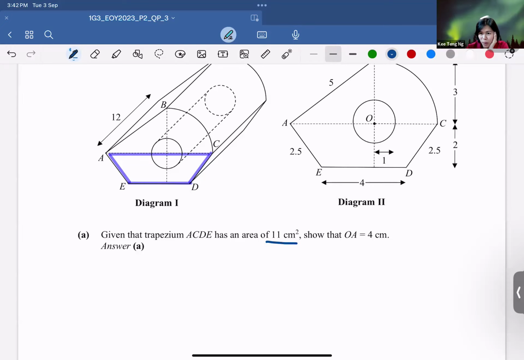Everyone keep quiet, I also keep quiet, then we don't end our lesson. Yes, thank you very much, Samuel. Area of a trapezium is given by half the sum of the two parallel sides, A plus B, times the H.